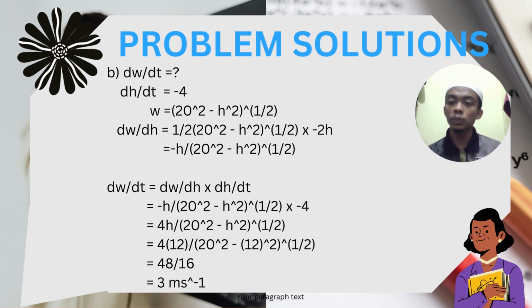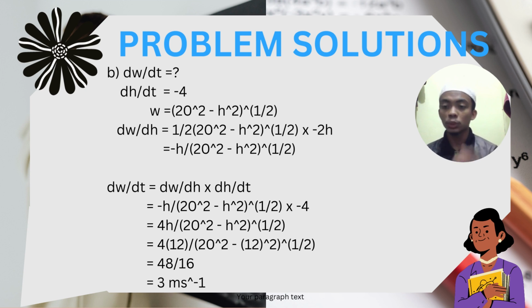To find dw over dh, first in step 3 we write w is equal to (20^2 - h^2)^(1/2), and next we get dw over dh is equal to negative h over (20^2 - h^2)^(1/2).